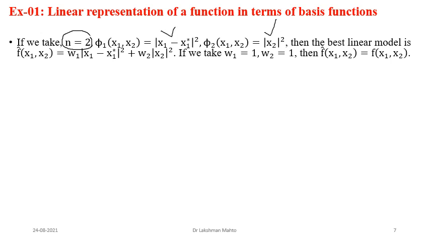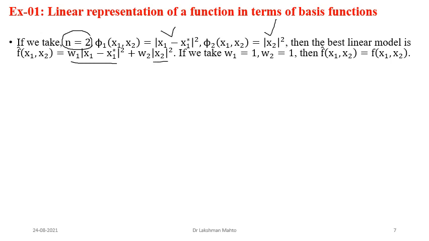We can take any kind of basis function, but definitely it must be a function of the input variable. That's why we are taking these two basis functions. Now with respect to this, we can get an approximate representation of the function as a linear representation. We can call it w1 times phi1 plus w2 times phi2.